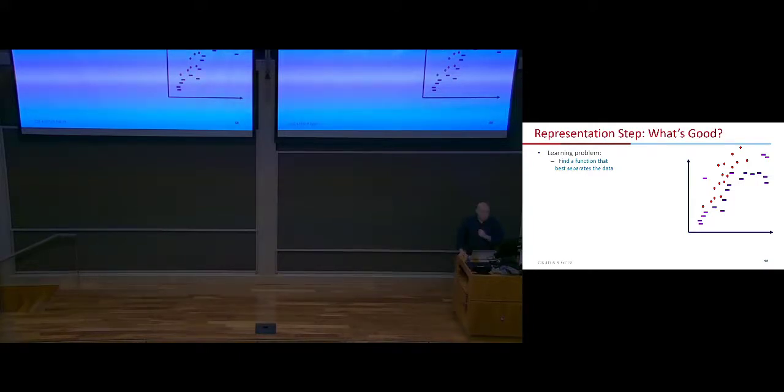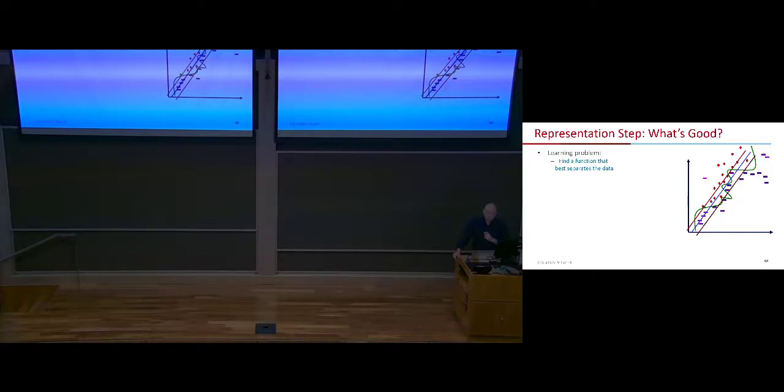So what kind of function can we do? Here is a function that perfectly separates the data. Here's another function that doesn't separate it perfectly. And here are a couple others. So which of these should we choose? Any idea which of these you would choose? Yes?